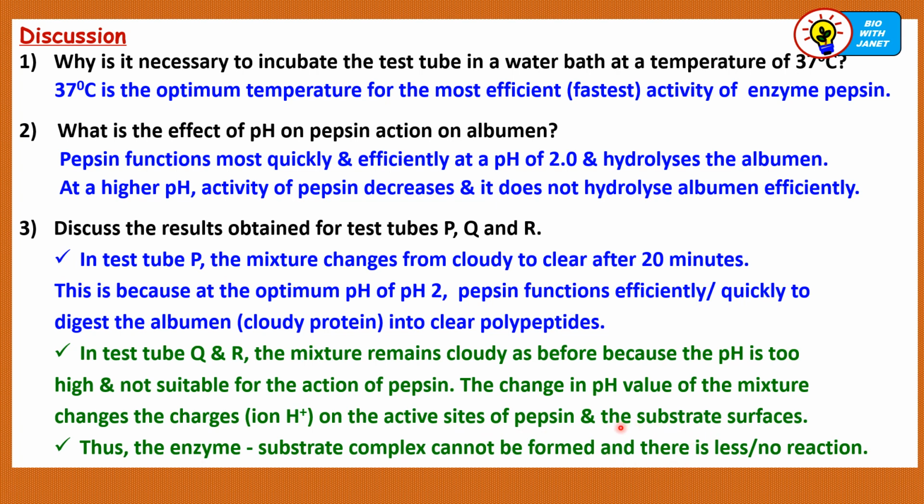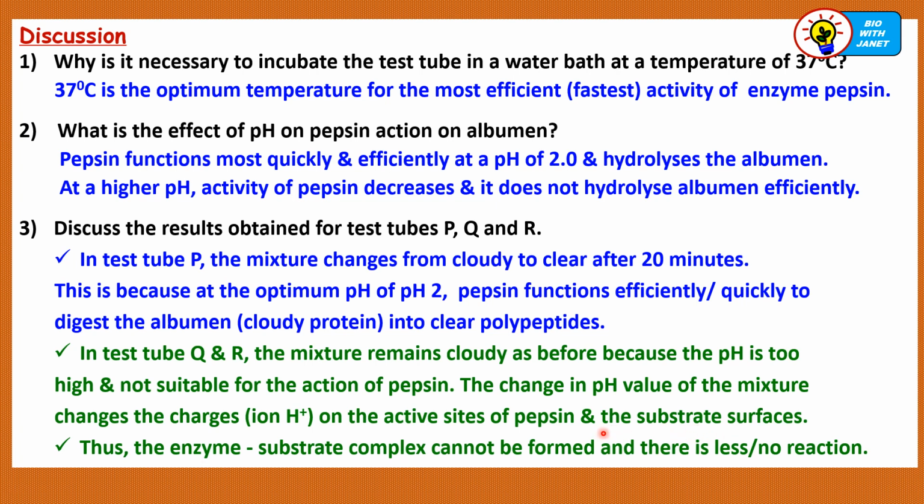Maybe both of them now have the same charges. If both have fewer hydrogen ions and more of other ions, the active site of pepsin and the substrate surfaces may both be negatively charged. Then they cannot bind to each other.